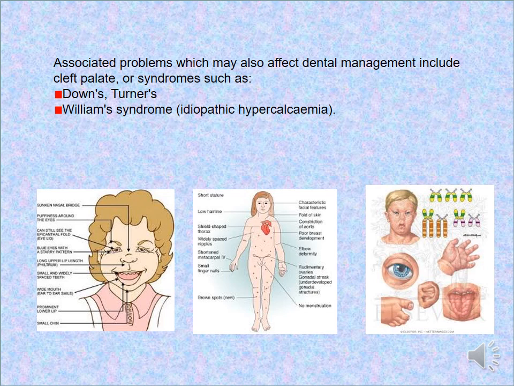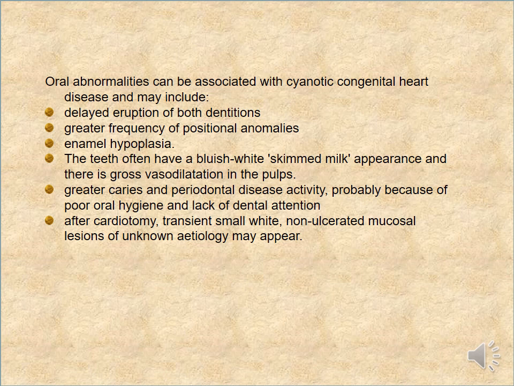Associated problems that may also affect dental management include cleft palate or syndromes such as Down syndrome, Turner syndrome, and Williams syndrome, idiopathic hypercalcemia. Oral abnormalities associated with cyanotic congenital heart disease may include delayed eruption of both primary and secondary permanent dentition, greater frequency of positional anomalies such as canines displaced palatally or labially, and enamel hypoplasia.